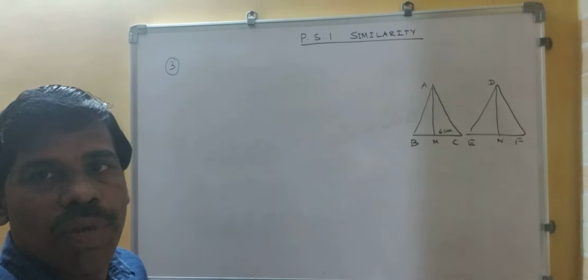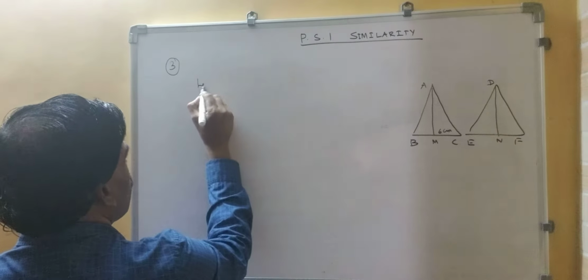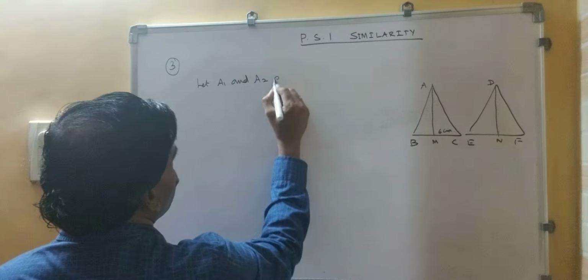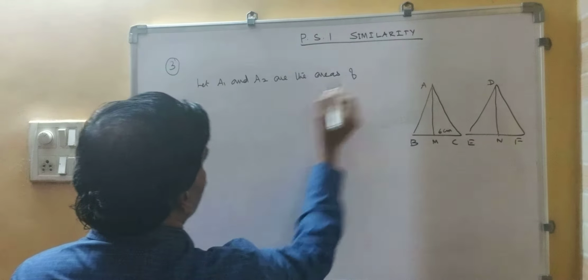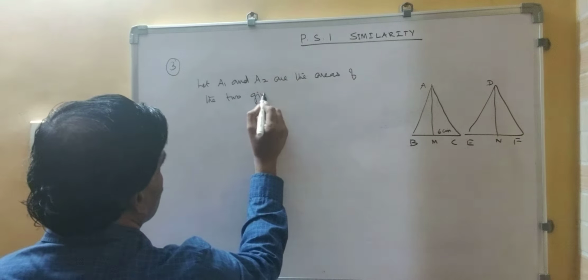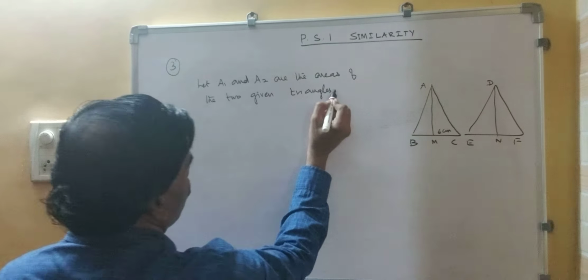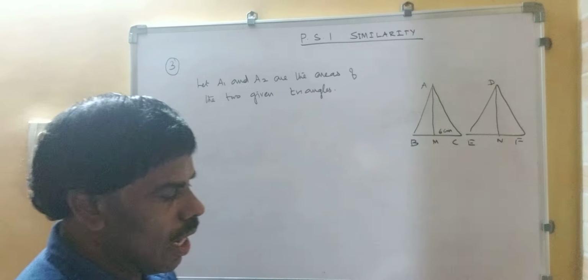Now, we do not know the two triangles, so we will assume, let A1 and A2 be the areas of the two given triangles. They are telling us the heights are equal.